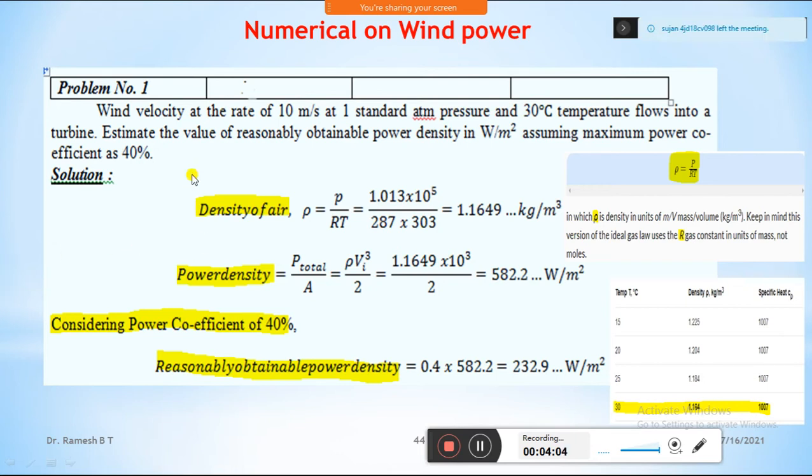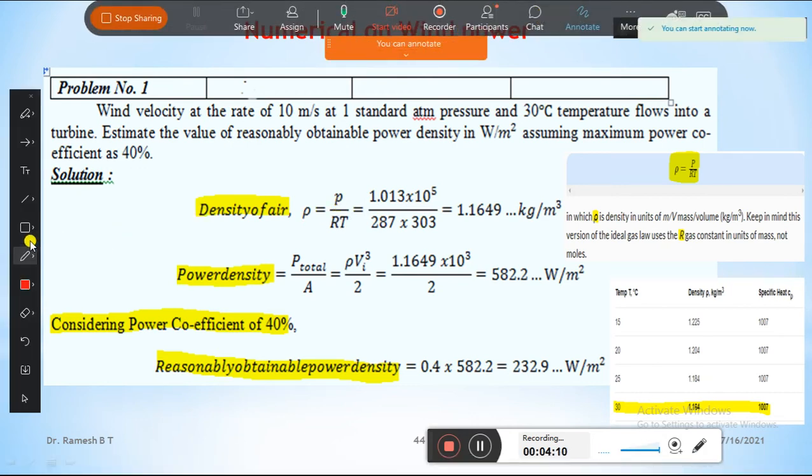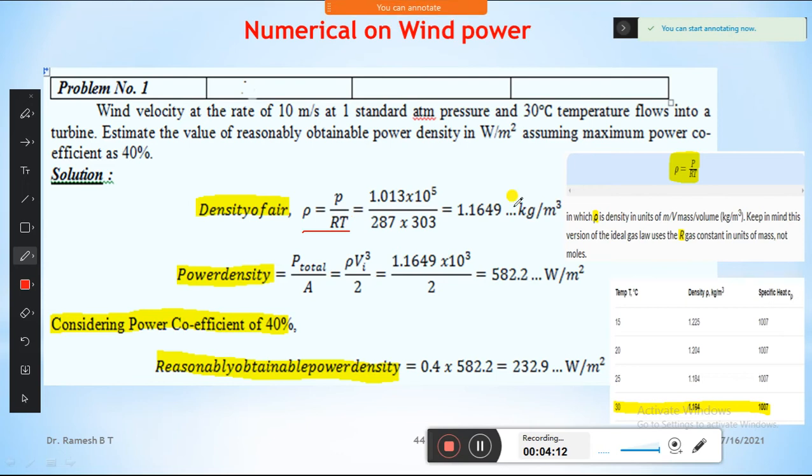Okay, so you just substitute that. We know that the density of air rho is equal to P by RT. P is the pressure that is given, 1 standard atmospheric pressure. So you can take 1.013 into 10 to the 5, divided by R, the constant value you already know is 287, into 303, which is the temperature.